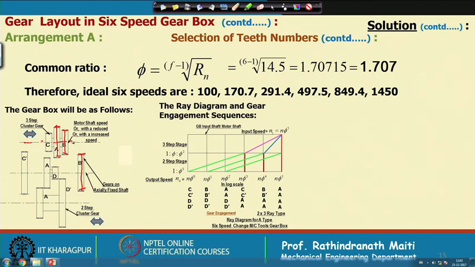So, we will draw this center line, and gears can be drawn like this. Okay. So, answering this, best is that you draw these 3 center lines and these gears in this form, and then this ray diagram. Color is not required, it can be monocolor. Okay.